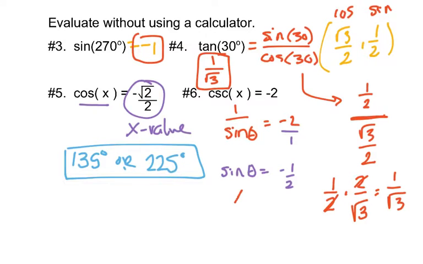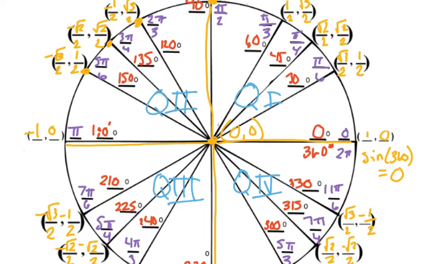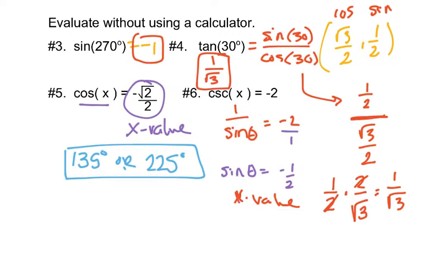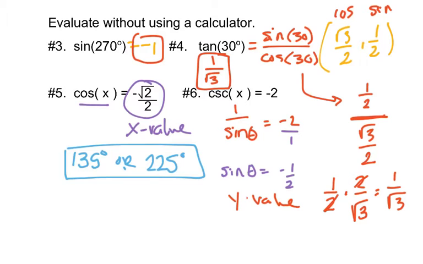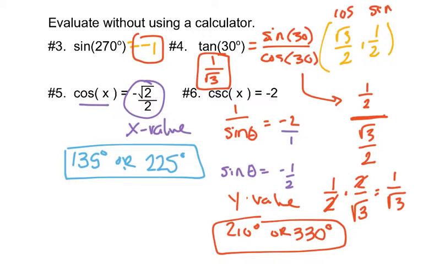Sine is the y value, so we go back and try to find one with a y value of negative a half. That is going to be down here, and also over here. So 210 and 330. Again, it will be more specific in an assignment about which one, or maybe it will say list all.